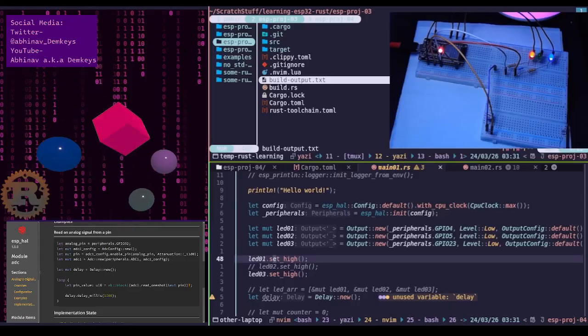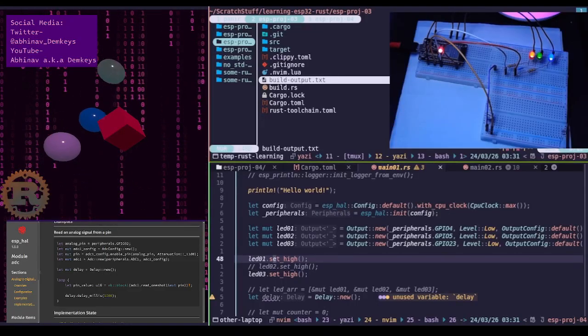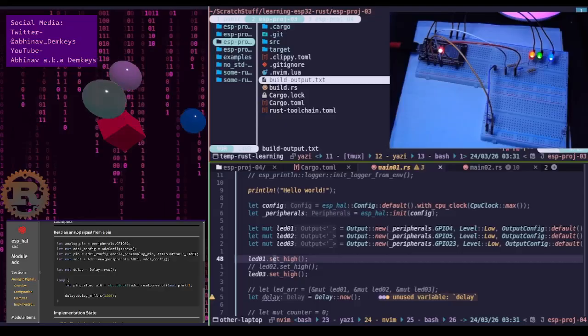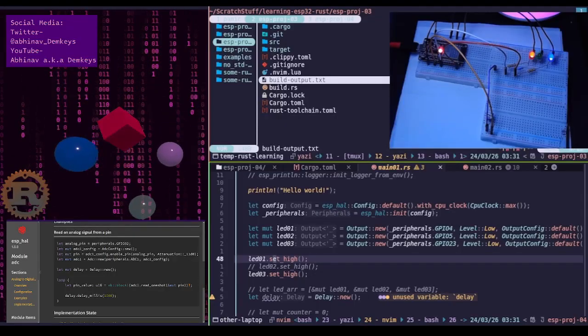Actually, give me a second. There's something else that I'm reading here. I'm just going to read that real quick, and then we'll continue.